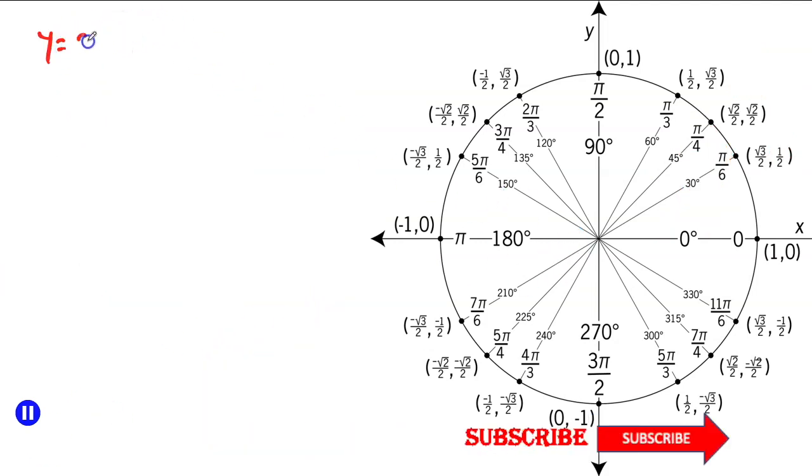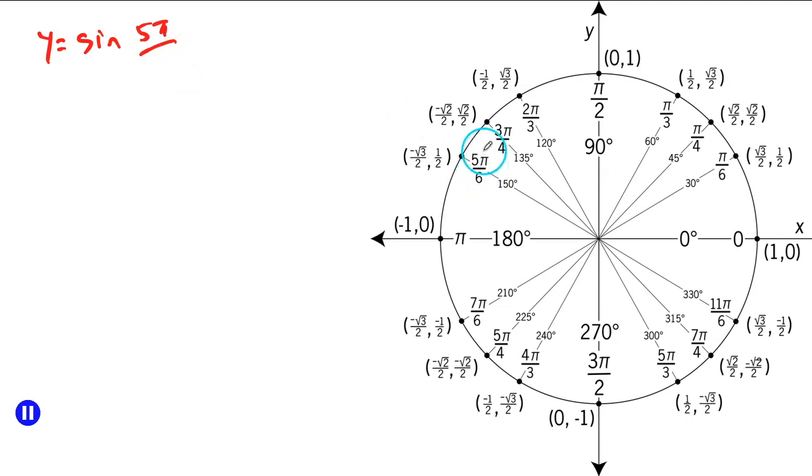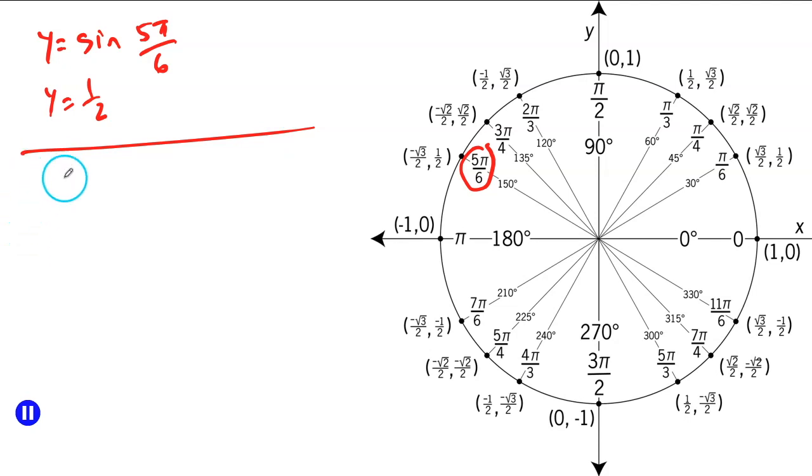Now, let's recap something. How much is the sine of 5 pi over 6? I'm giving you this one. How much is the sine of pi over 6? What's the answer? 1/2. Excellent. But if I ask you, give me the angle where my sine is 1/2. Remember, are you going to give me 5 pi over 6?